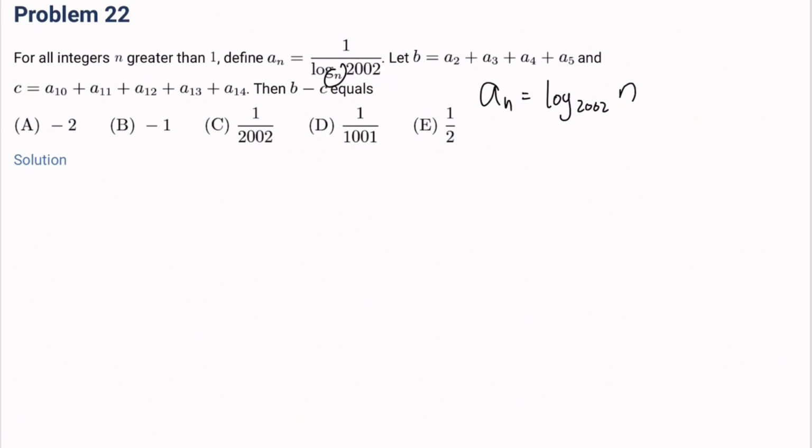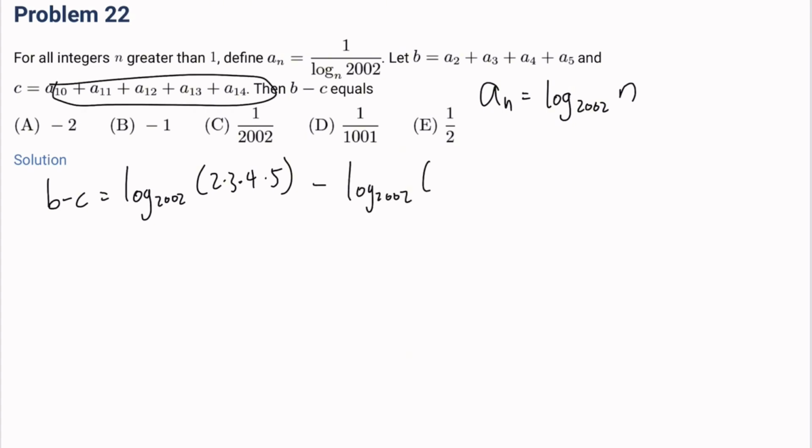So a_n is log 2002 base n, and then b minus c would equal a_2 plus 3 plus 4 plus 5, so it's log 2002 of 2 times 3 times 4 times 5, minus c, which is log 2002 of 10 times 11 times 12 times 13 times 14.